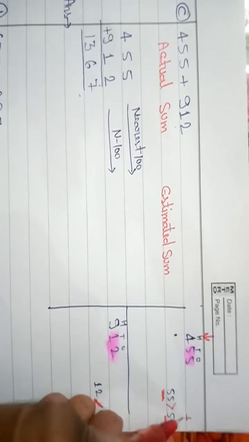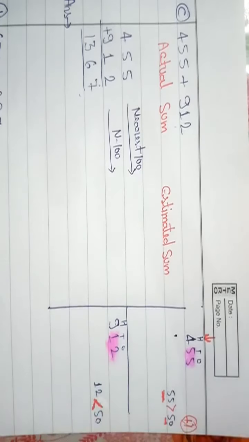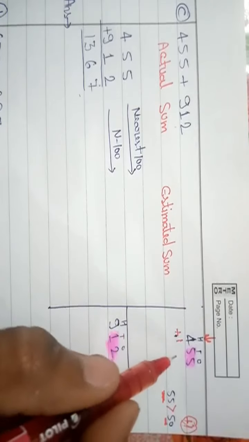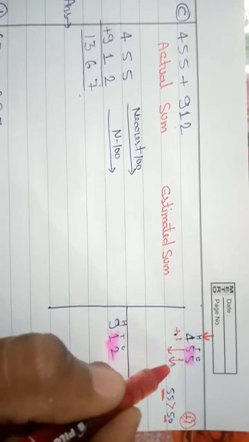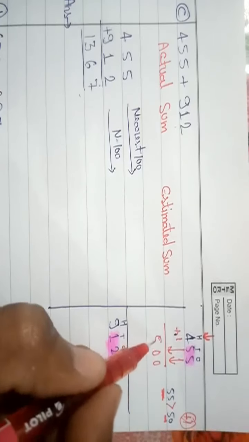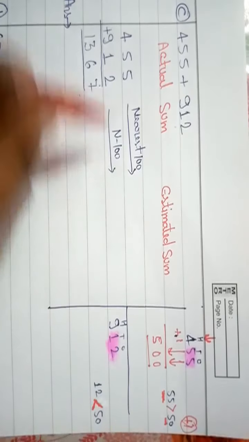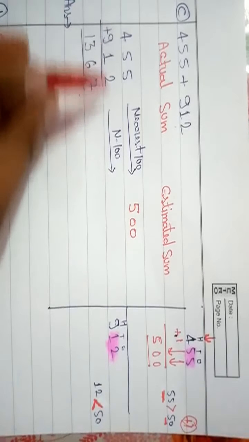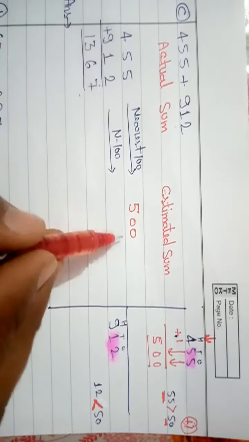So we will add 1 in the target place, and the highlighted place will be 0. So 4 and 1, 5. It is 500. Nearest 100 of 455 is 500.